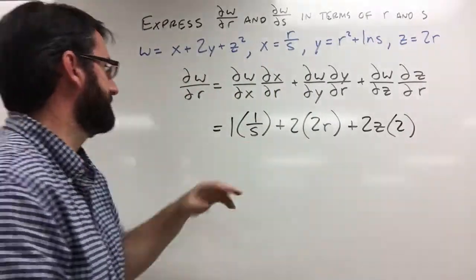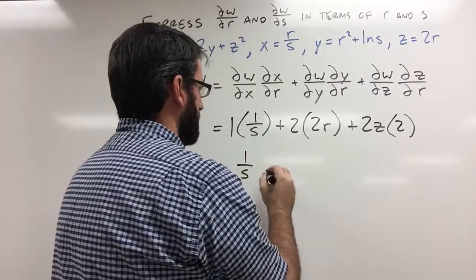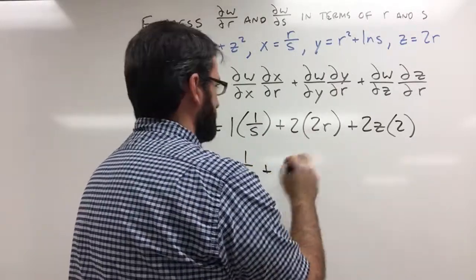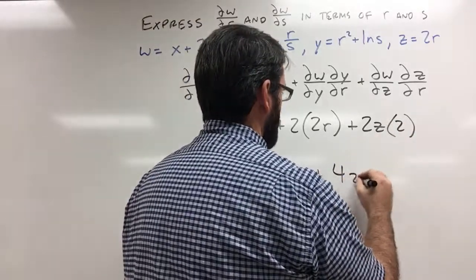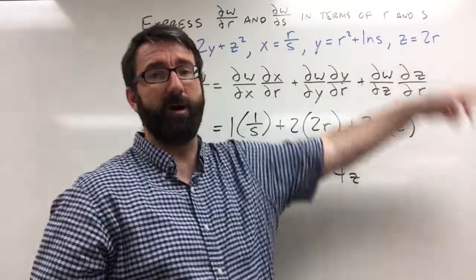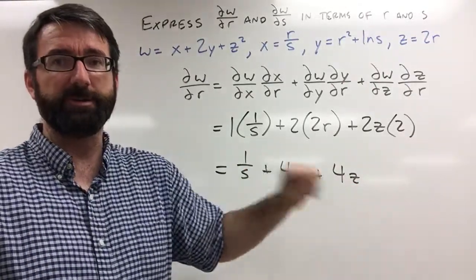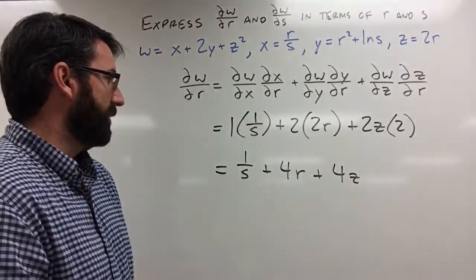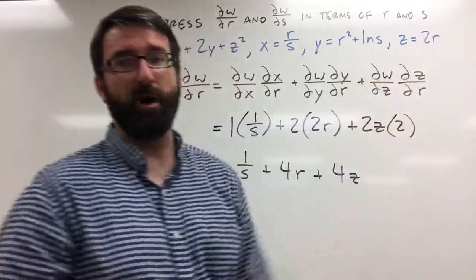All right, now let's simplify this. This is going to be 1 over s plus 2 times 2r is 4r plus 4z. Now, we want this in terms of r and s. We don't want one of our intermediate variables in our final answer. So we've got to go back up here and replace that z with 2r.